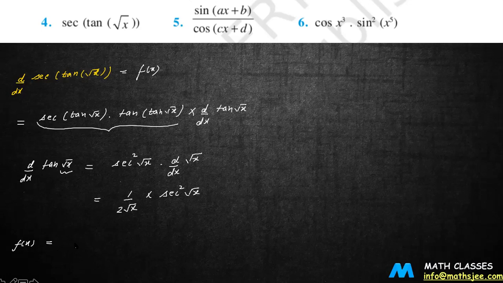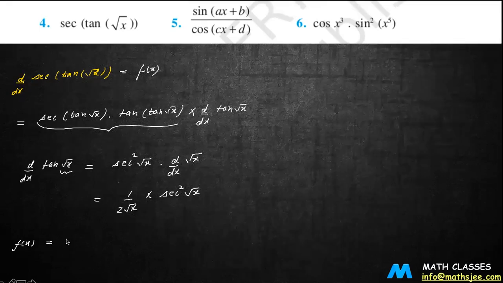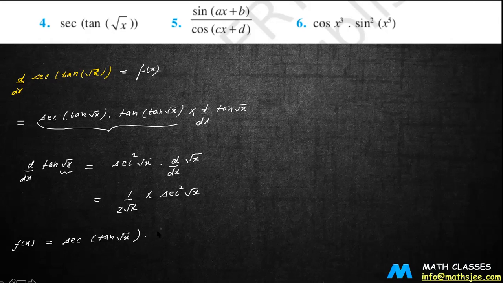So it will be sec of tan of root x into tan of tan root x, जो कि ये था पूरा एक्सप्रेशन. अब उसका डेरिवेटिव लिखना है हमें into 1/2 root x into sec square root x. So this is the complete derivative of this function, ठीक है?